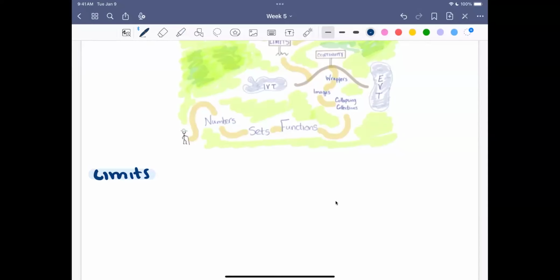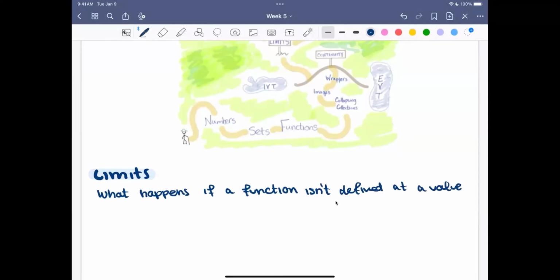So what happens if a function isn't defined at a value? And what can you say about the value that the function approaches?